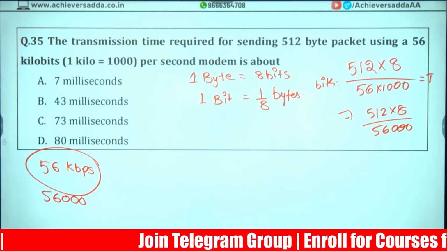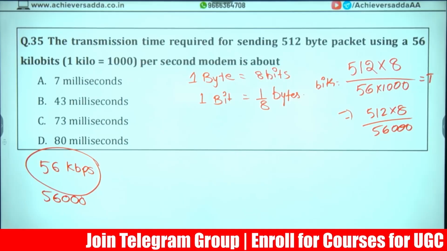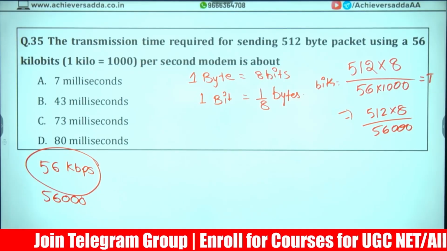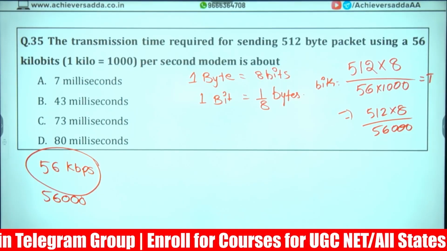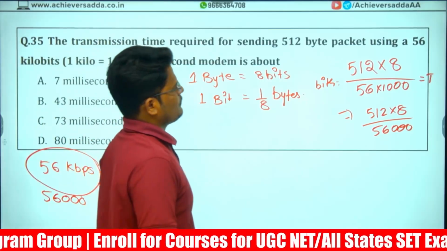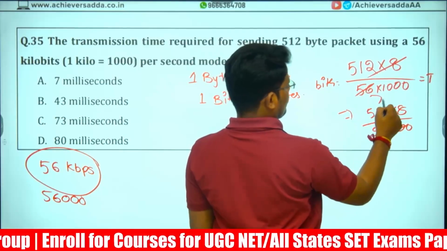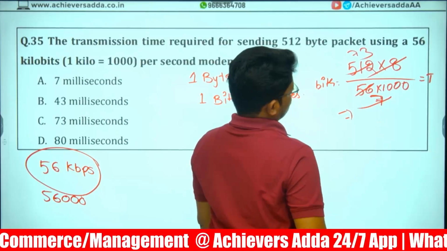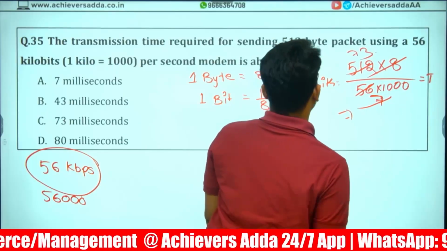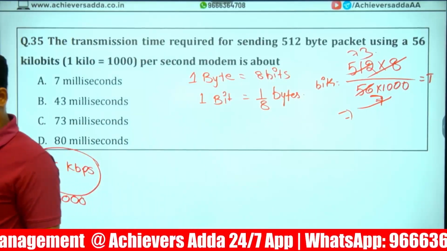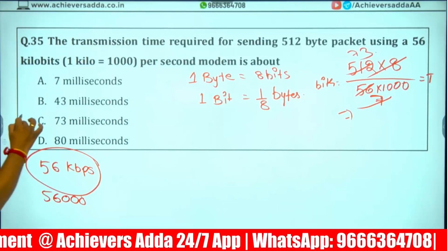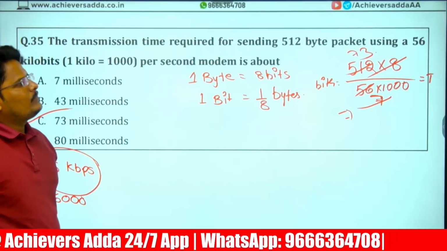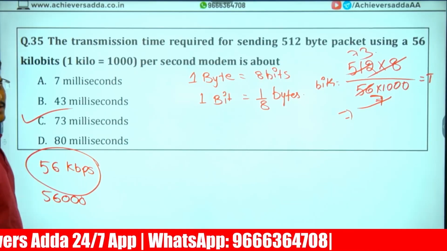Possible to cancel with the 8 table? 7 8s are 56. 73 point something will come. 73 point something. What is the answer? Option number 3. So that's how the calculation goes on.